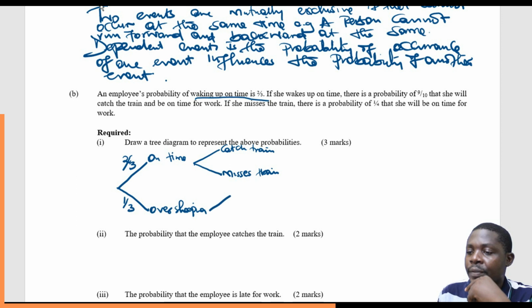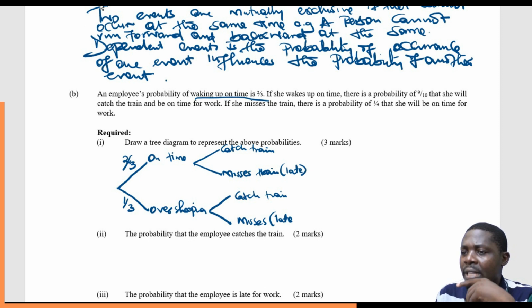Then here also, if she oversleeps, most likely she will not walk to work. She might catch the train and be on time, and misses, which results in being late. Now we are told that 9 over 10 she will catch the train, meaning the probability of missing the train is 1 minus 9 over 10, which is 1 over 10.